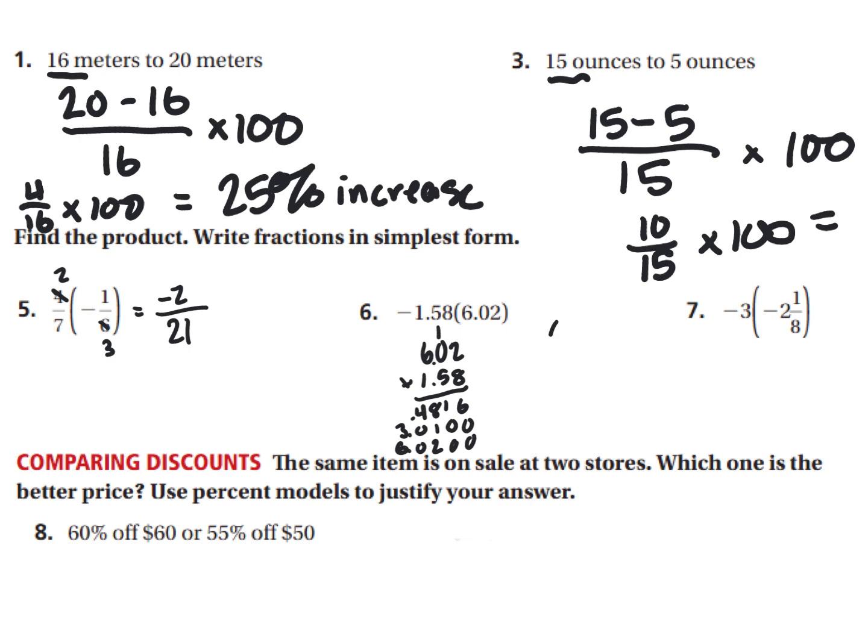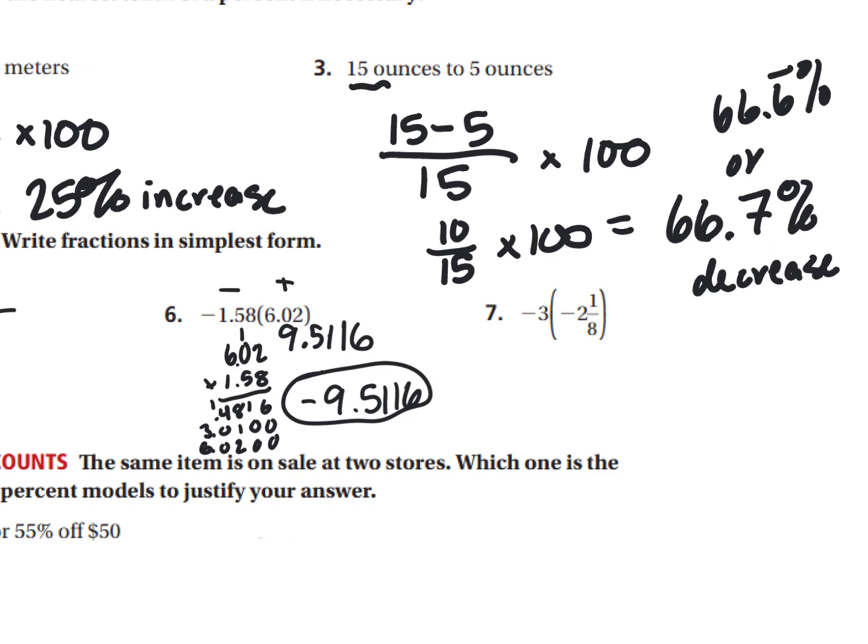Adding everything up, I should get 6. 1. 8 plus 1 is 9 plus 2 is 11. 4 plus 1 plus 0 plus 0 is 5. 3 plus 6 is 9. Alright, so I get 9.5116. I have a negative times a positive. That is going to be a negative answer.